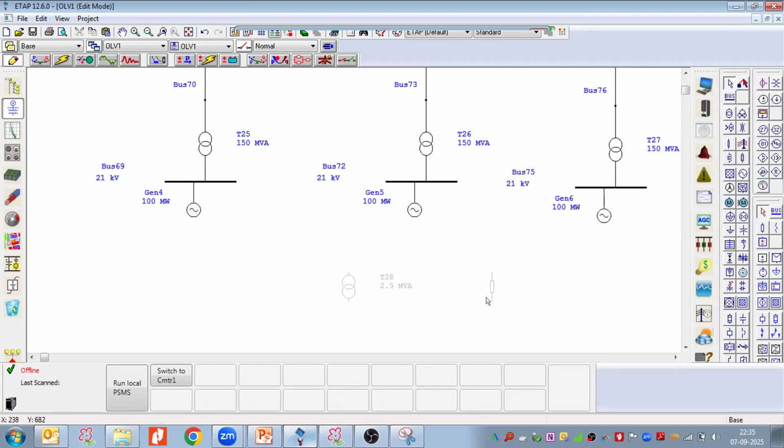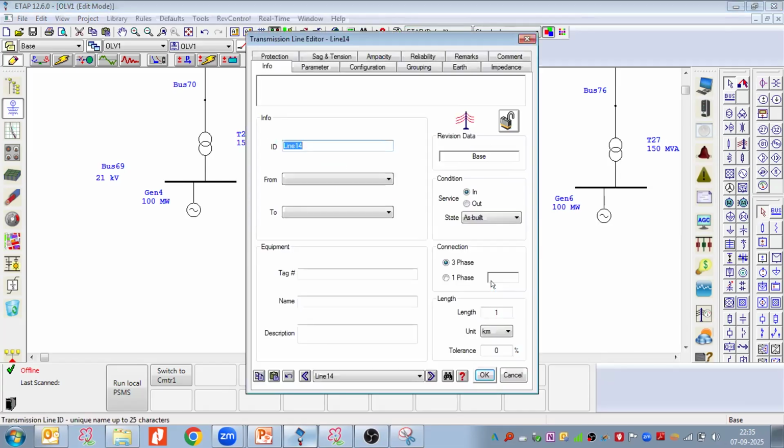Just drag and drop it over here and click here. In the info page we define what my transmission line length is. This value we define like 50 meter, 100 meter or whatever, and then the unit of this length, whether kilometer, meter, mile, or foot, we define here.